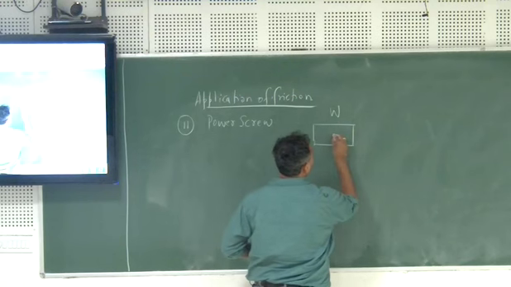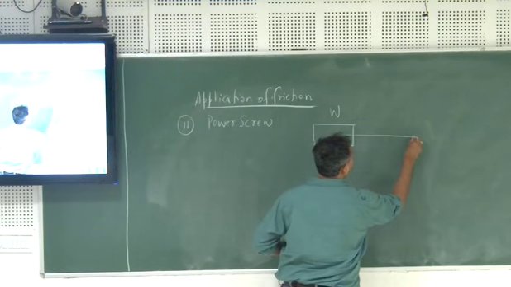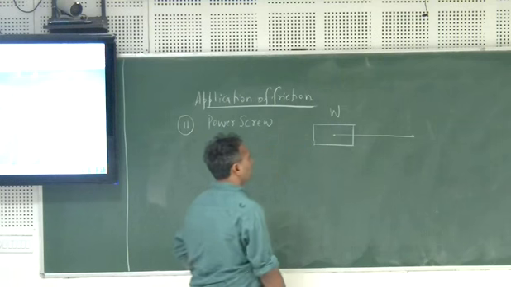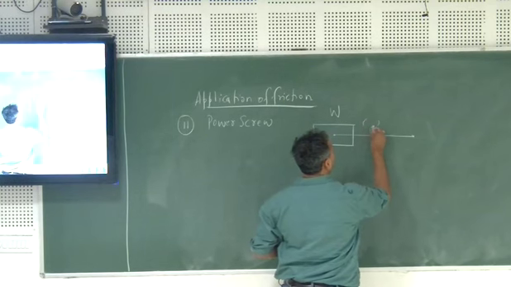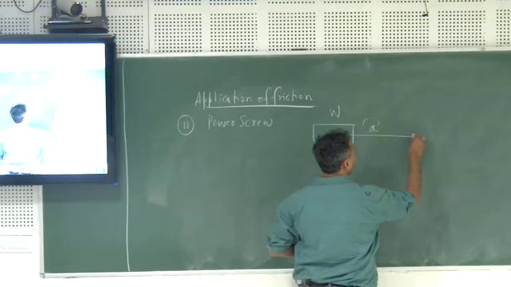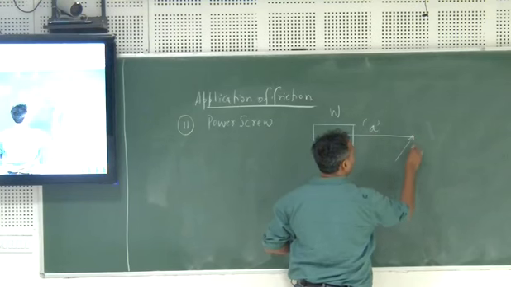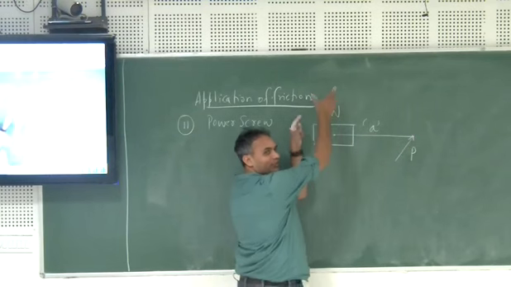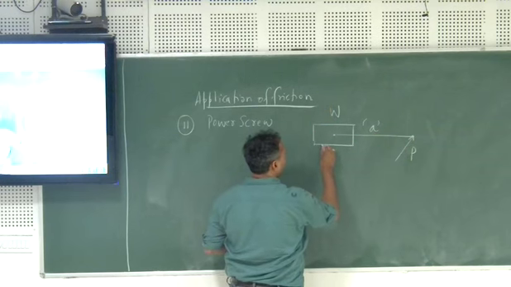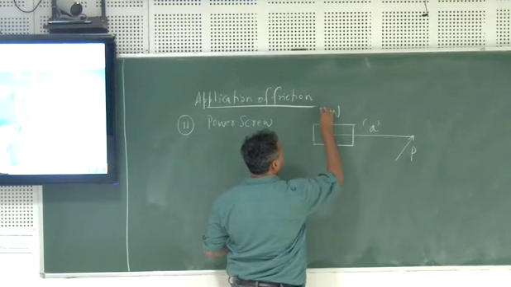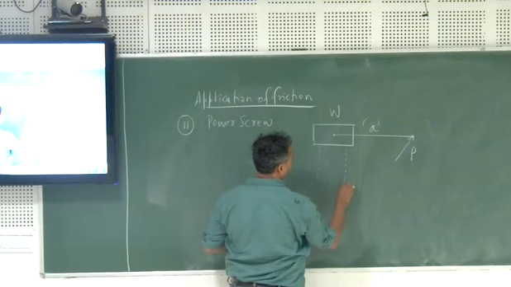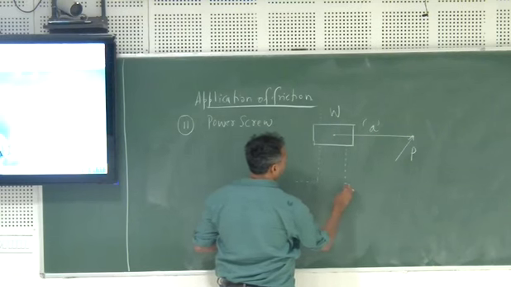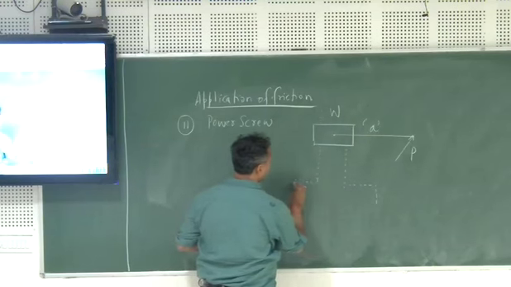When we try to raise it, this one is connected with a lever which has a distance A, and let us say we have to apply load P to raise this load. So how do we do it? Let us say we are having this kind of system.